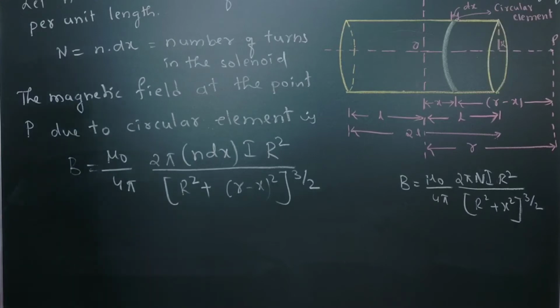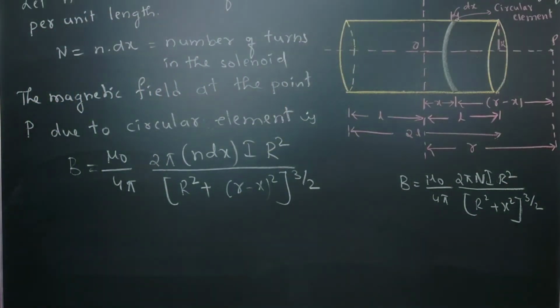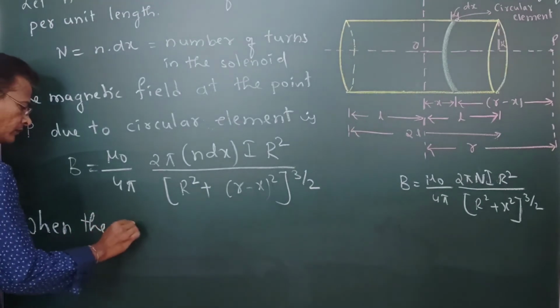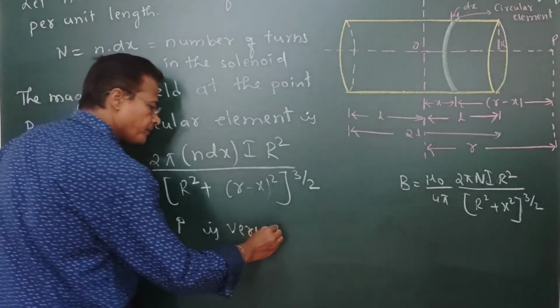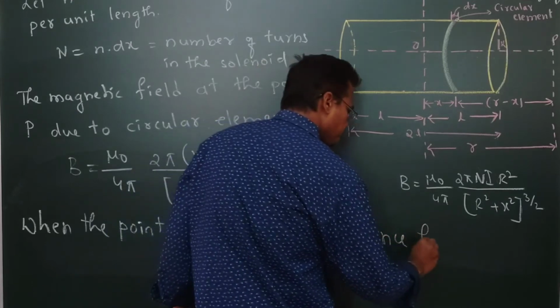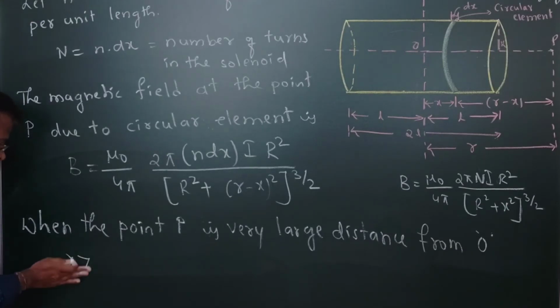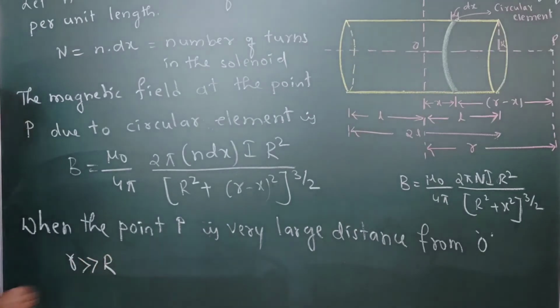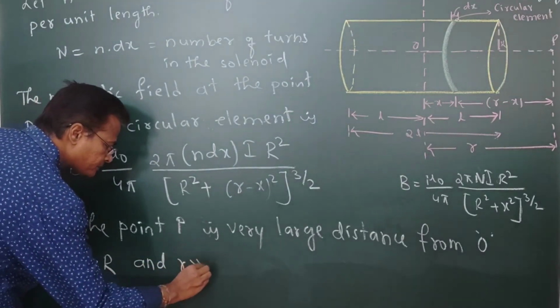Now, when the point P is very large distance from O, we can write that small r is much greater than capital R, and small r is much greater than small x.